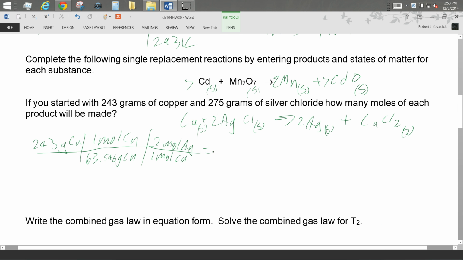Okay, and then I've got 275 grams of silver chloride, and then for every 1 mole of silver chloride, does anybody have that number?